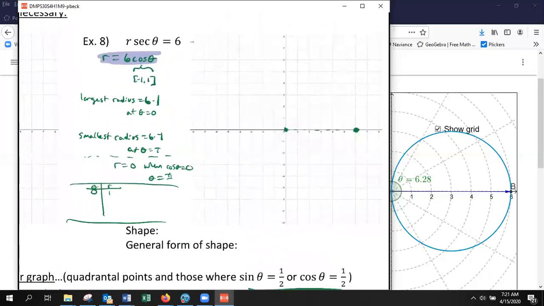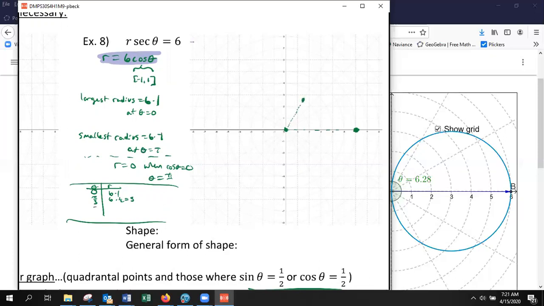Cosine equals 1/2 at the angle pi/3. And so our radius is going to be 6. I said 1, that really should have been 6. Our radius is 6 times 1/2, or 3. So as I go out along the pi/3 angle, I end up working with a radius of 3.